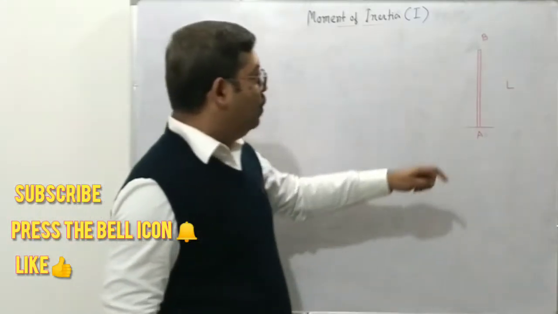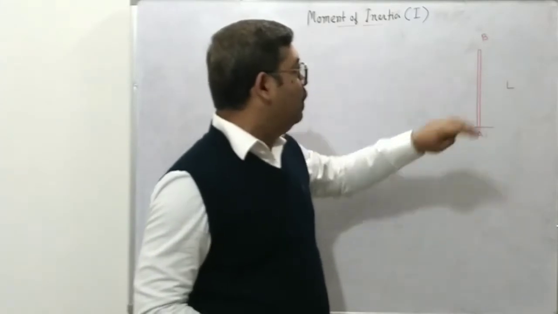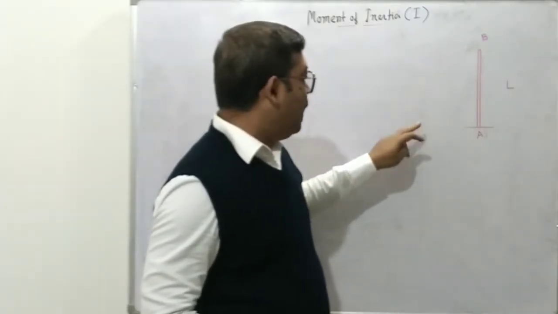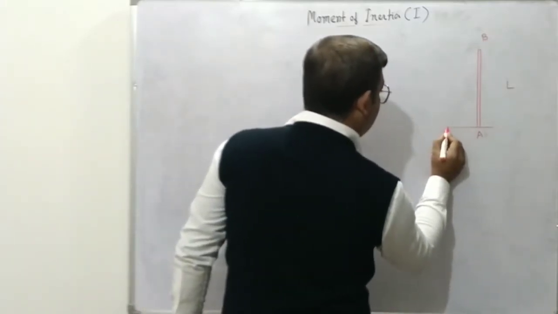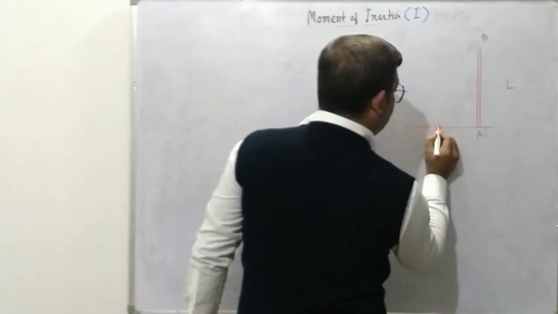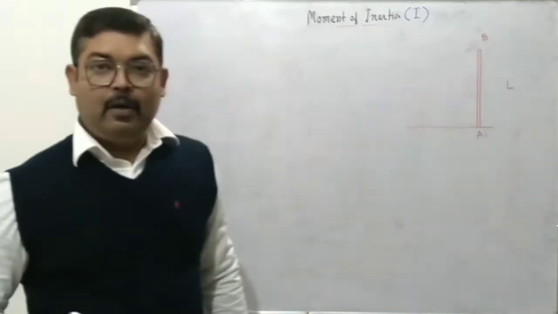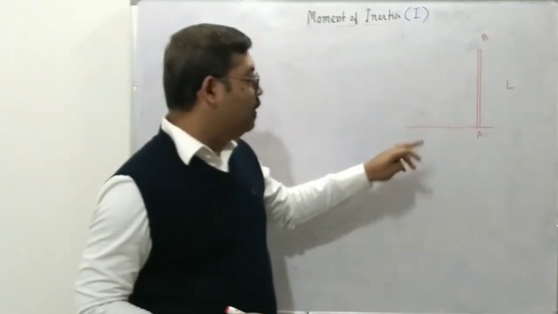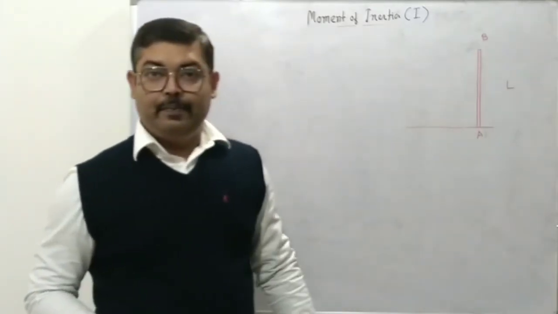So, when the rod is allowed to fall and it comes and B hits the ground at some point, right? It will hit the ground at some point. Now, we have to find the velocity or the speed at which the end B will hit the ground.